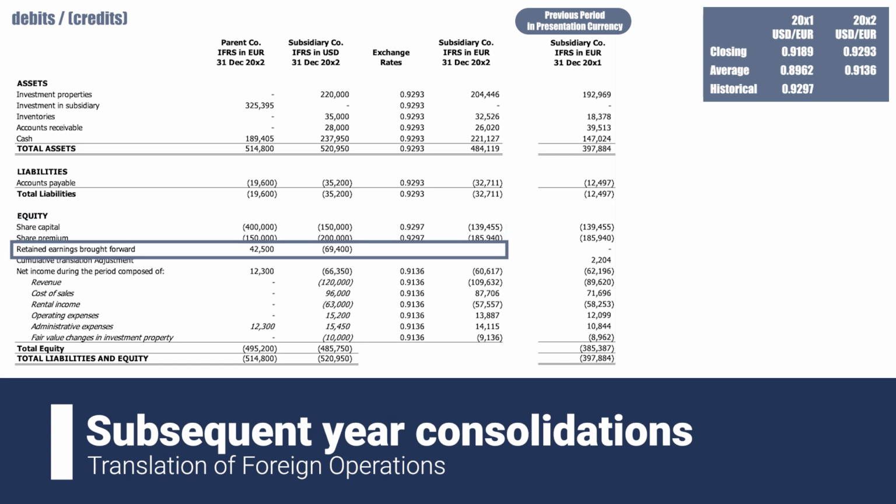For the retained earnings, we will need to do it on a roll forward basis with the following formula. The ending balance in the prior year in presentation currency plus or minus any profit or loss in presentation currency in the previous year is equal to the ending balance in the current year in presentation currency. This amount is what we'll use in the balance sheet of the current year.